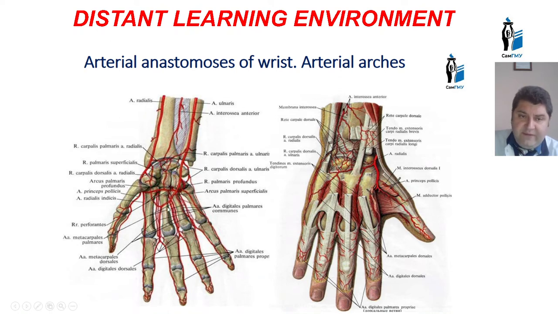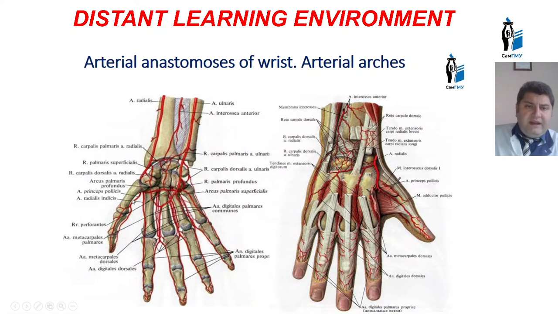You may see that three common digital arteries pass, and also the minimal artery to the medial surface of the digitus minimus. And now you may see that each of the three common arteries divides into proper digital arteries, which pass at the lateral sides of each finger.